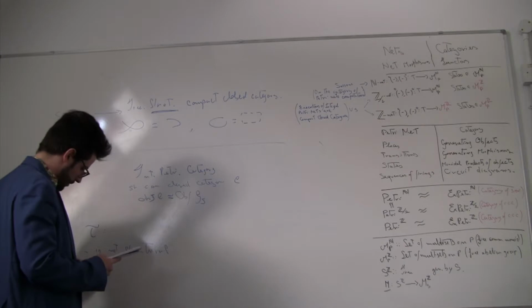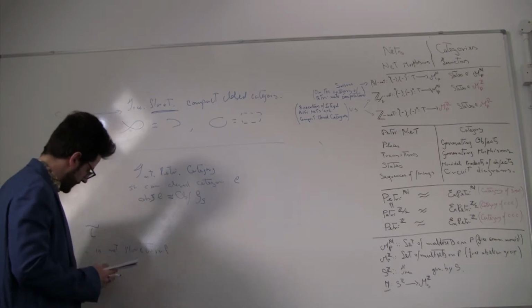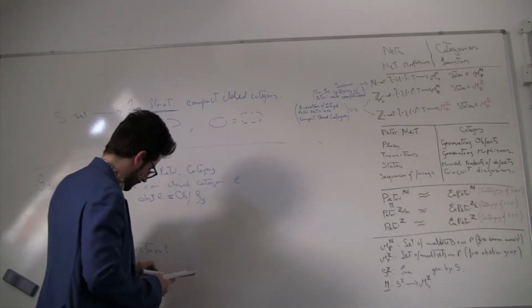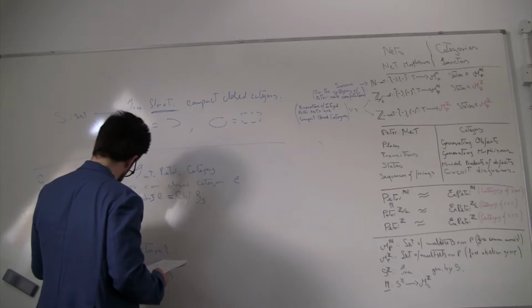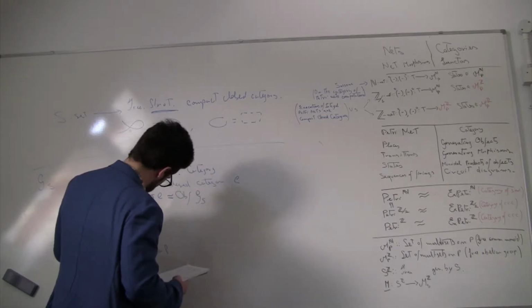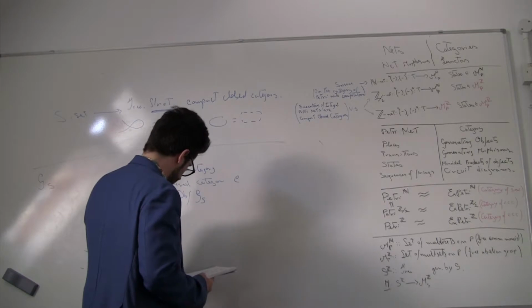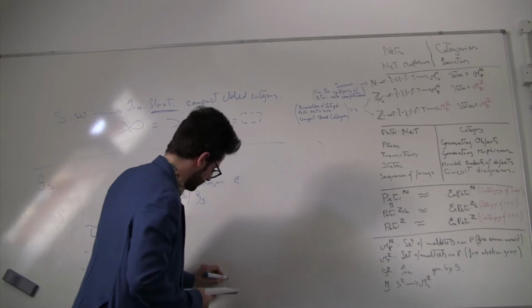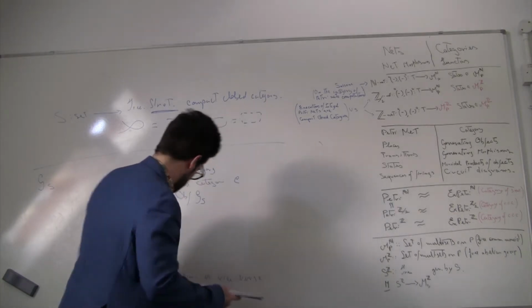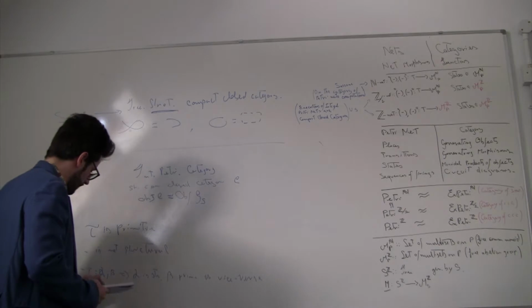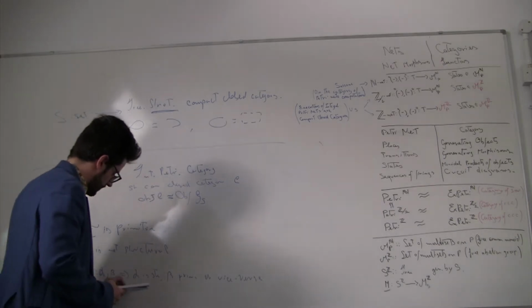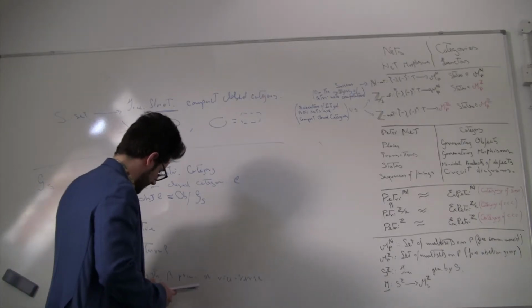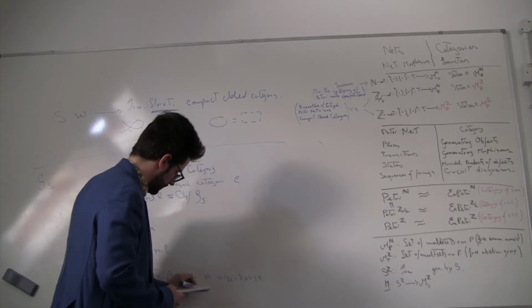If tau is equal to alpha after beta, then either alpha is structural and beta is primitive, or vice versa. I'll tell you why this is important in a second. And you have a similar condition for tensor. In this case, you say that alpha is the identity of the monoidal unit and beta is primitive, or vice versa.